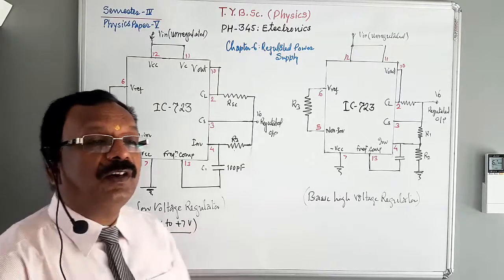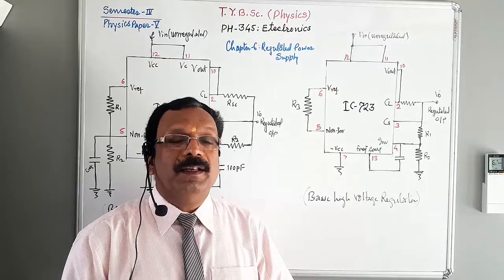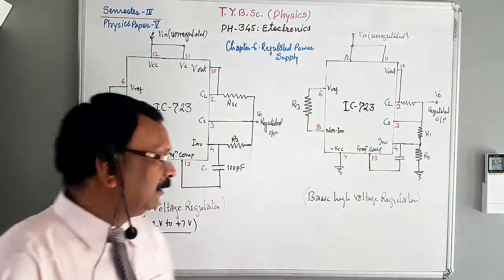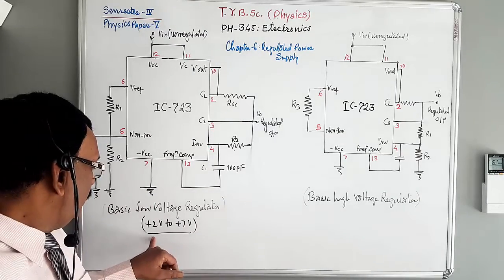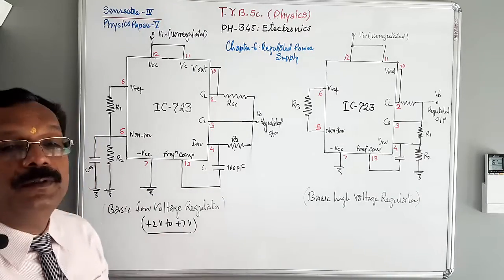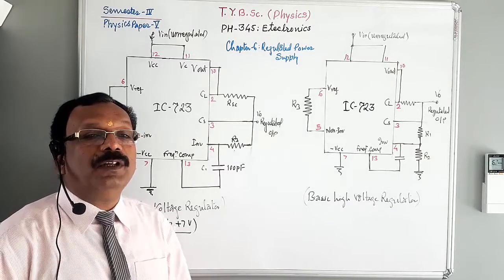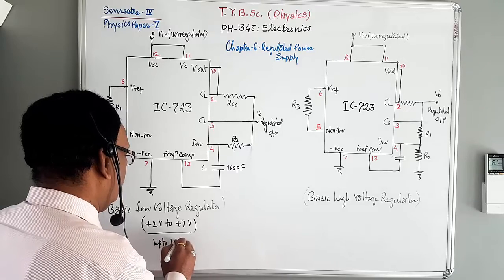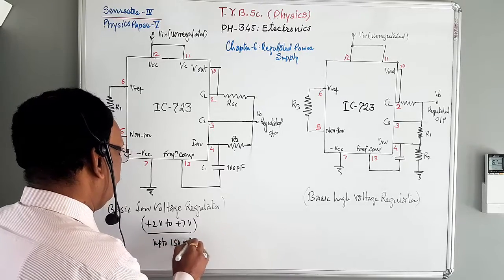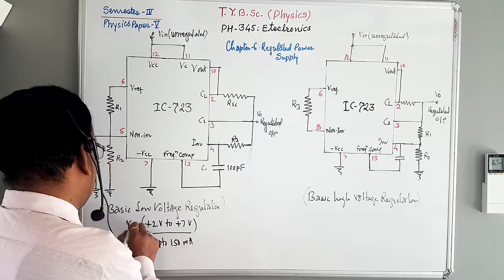That's why this is called a low voltage regulator. The output of this circuit is only between plus 2 volt and plus 7 volt, and the circuit has an output current of up to 150 milliampere.